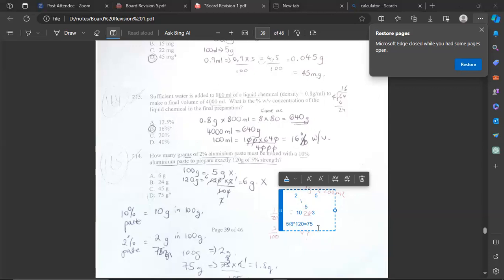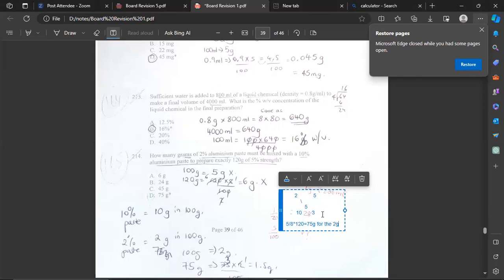Exactly, that is the answer, because they have asked how many grams of 2% aluminium. So you'll take 75 grams of 2% aluminium. If they had asked how many grams of 10%, you would have taken 45, because if you multiply 3 all over 8 times 120, you'll get 45.